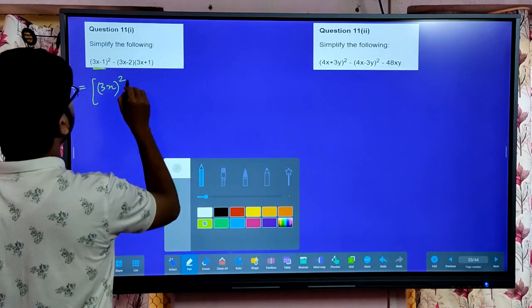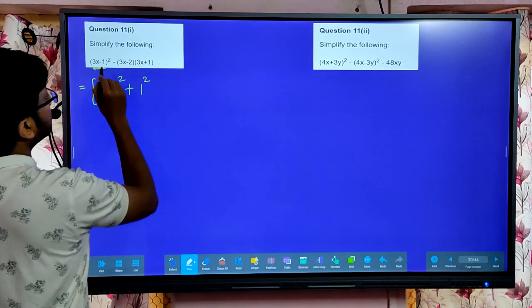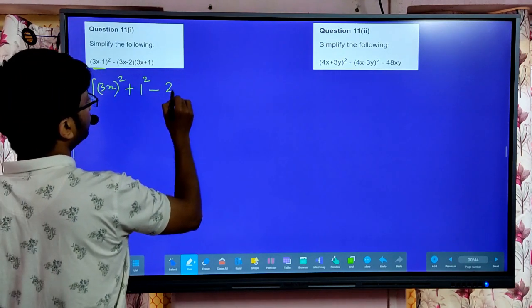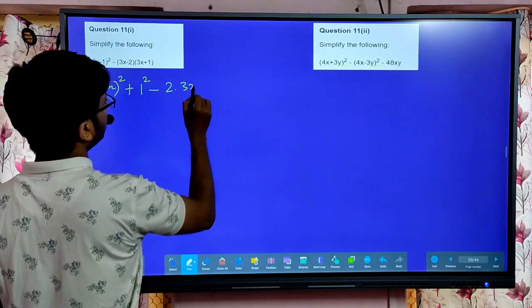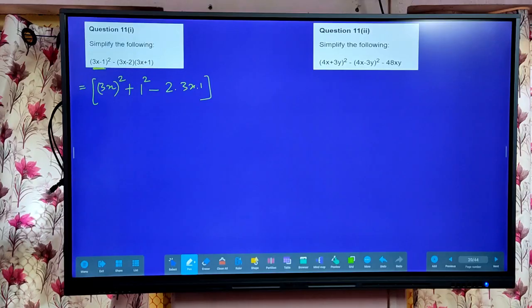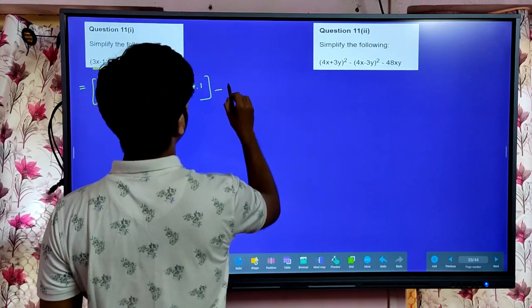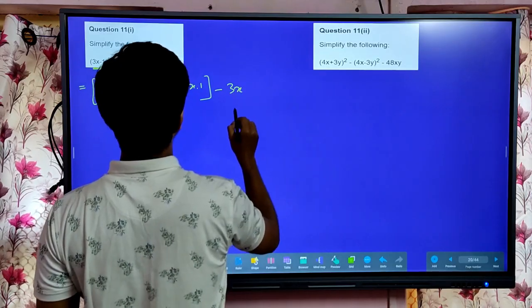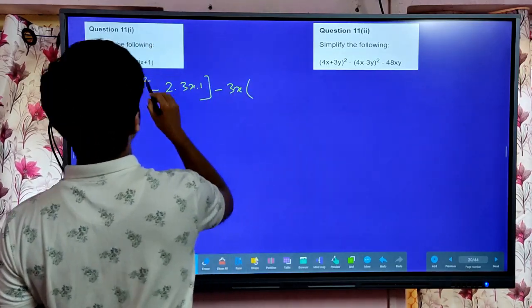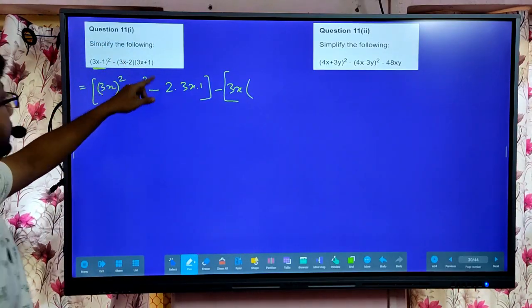Okay, 3x square plus b square. This is minus a minus b, so minus 2 into 3x into 1. So this is a minus b whole square, and this will be minus 3x multiplied by, we'll put a big bracket over here, 3x multiplied by 3x plus 1.